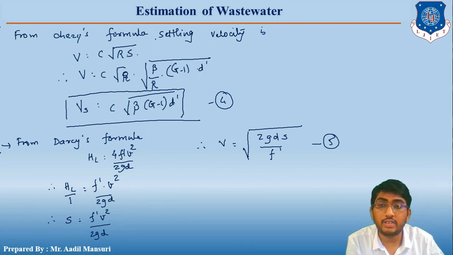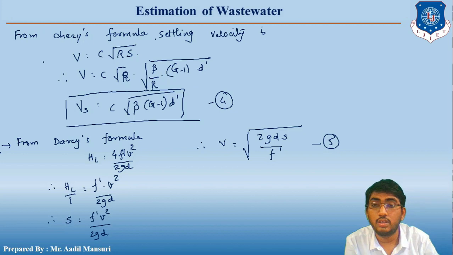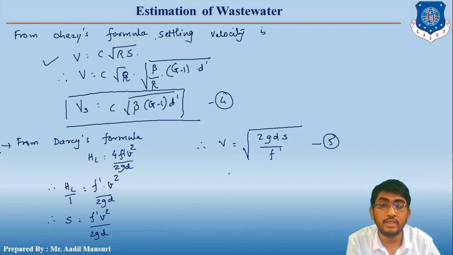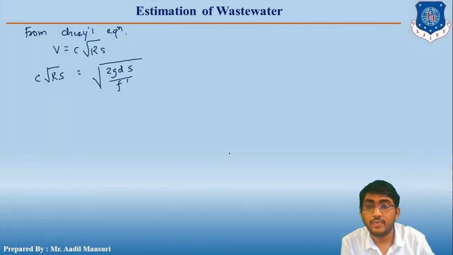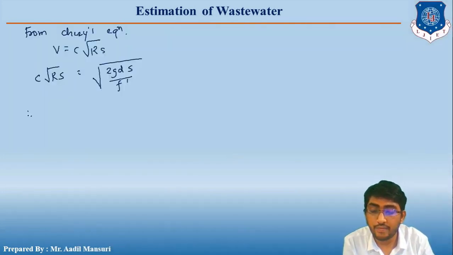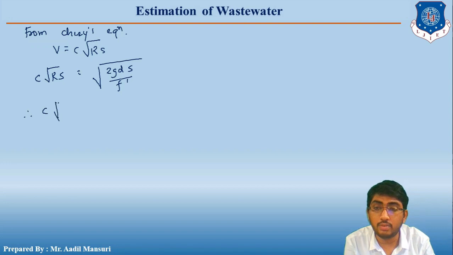One equation we have taken is the first one here, and the second one we have taken this equation. We are equating these two equations, right? So therefore C will be equal to, under root S will get cancelled out, right?